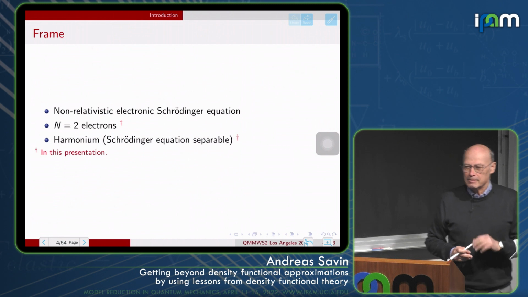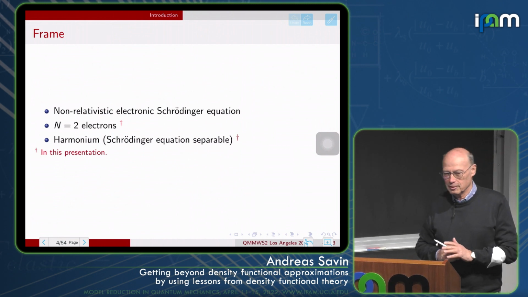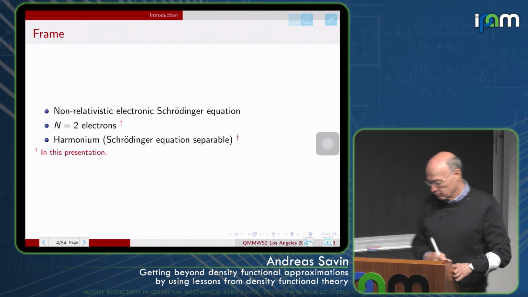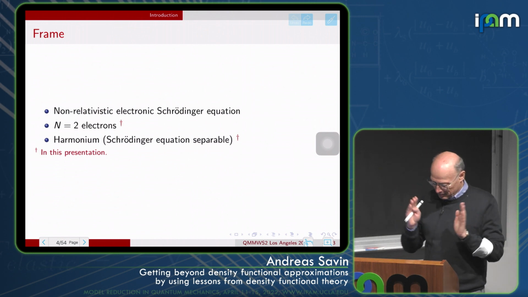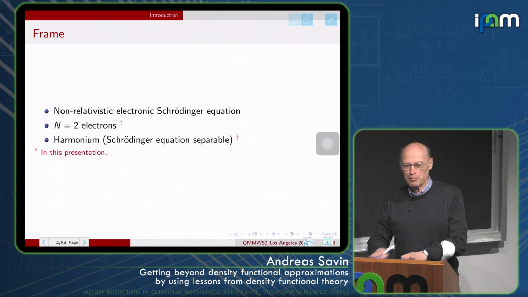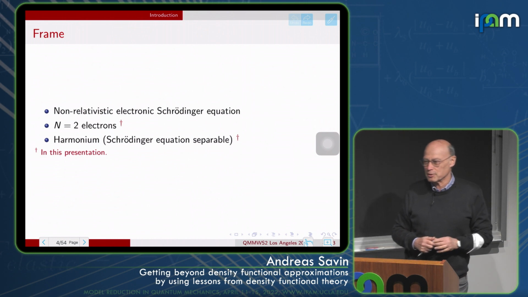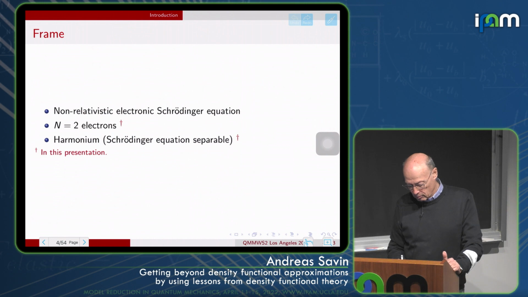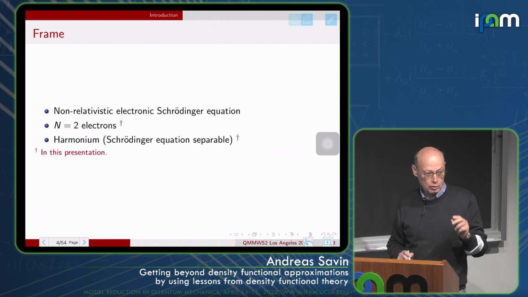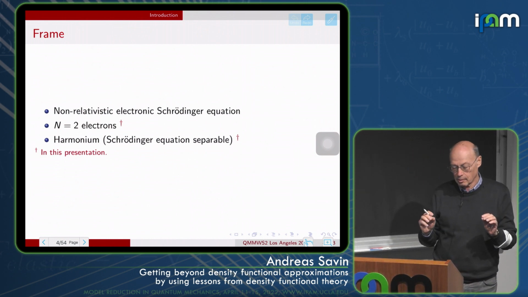I feel a bit better after the talks given this morning by Giovanni, when he also had one-dimensional systems. I thought I would be the only one speaking about one dimension. So, I consider two electrons. It's not needed for the first two points, but for the third point, I have only results in one dimension.